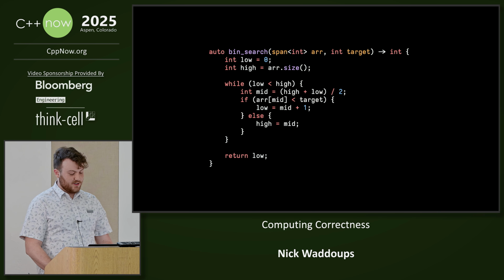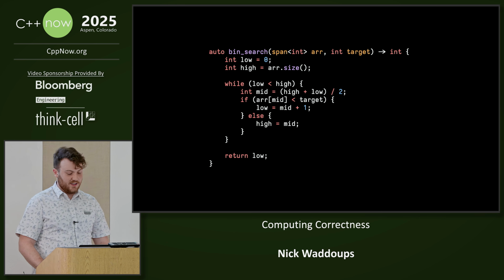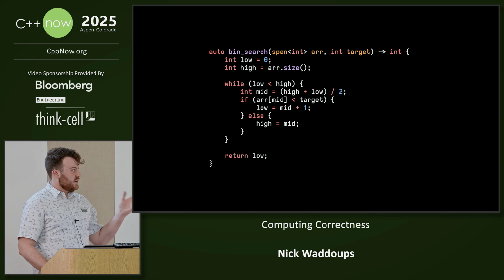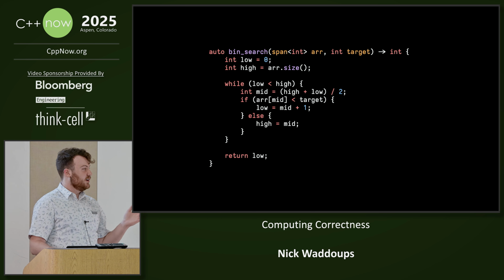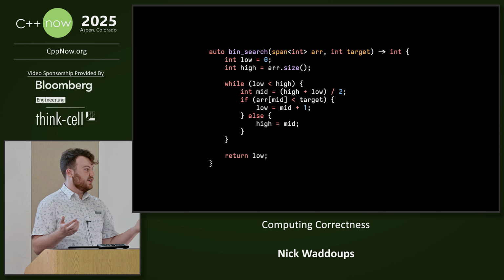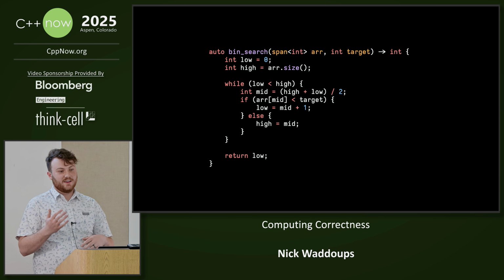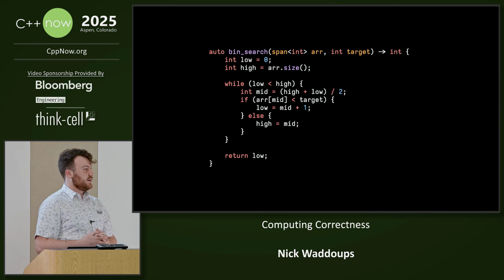So we are going to look at an algorithm, which we actually looked at earlier in the week in the keynote. We're just looking at a binary search algorithm, where the interface is that you give it a span of integers and a target that it's looking for, and it goes through and tries to find that target inside of the array of integers.